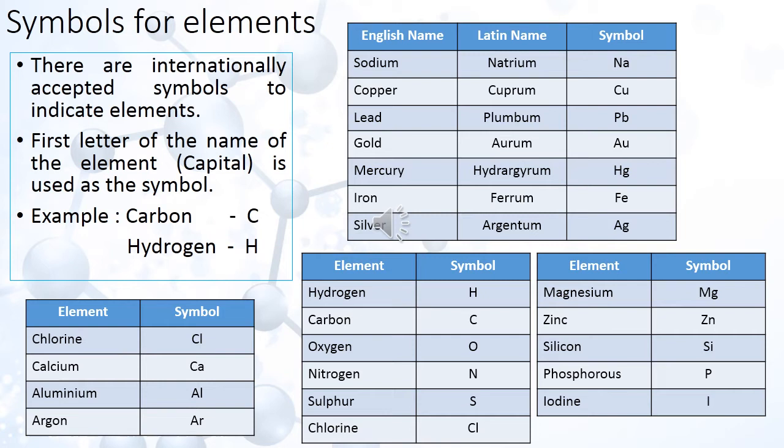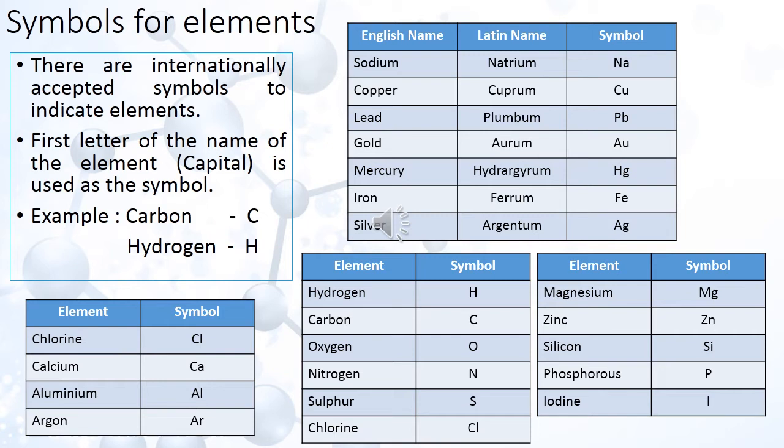Sodium, the Latin name is natrium. So the symbol is Na. Copper, the Latin name is cuprum. So the symbol is Cu. Lead, plumbum, symbol is Pb. Gold, aurum, symbol is Au.